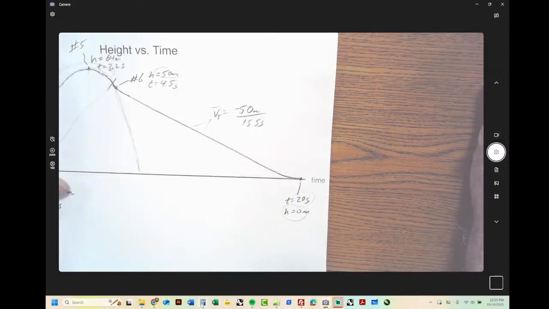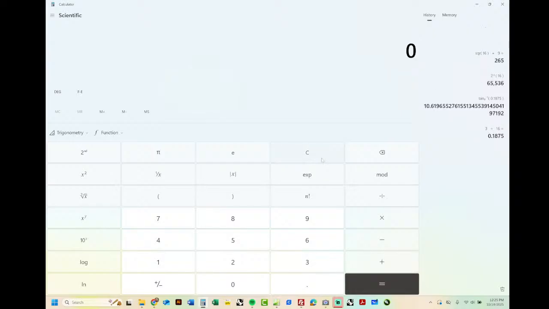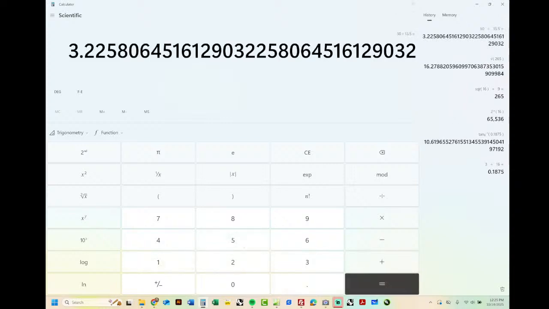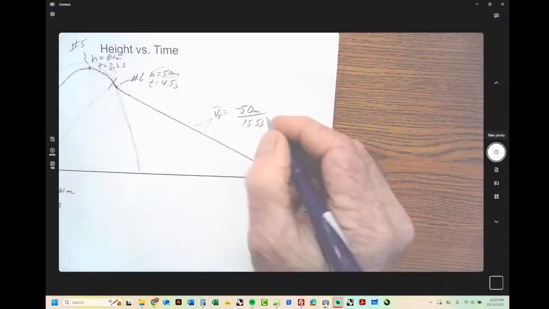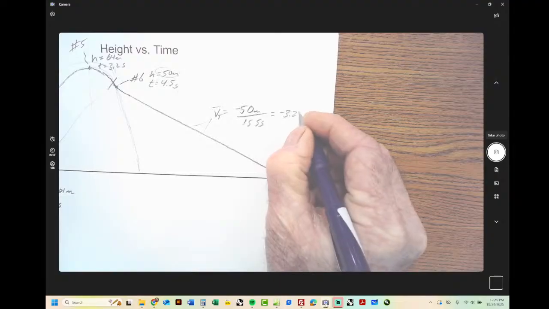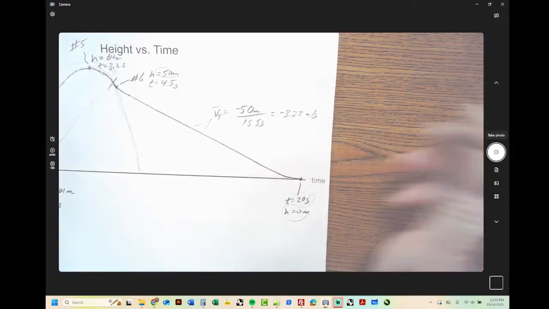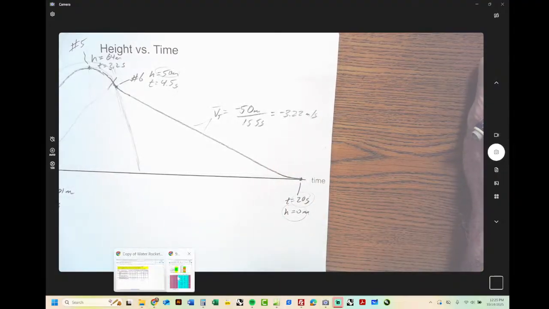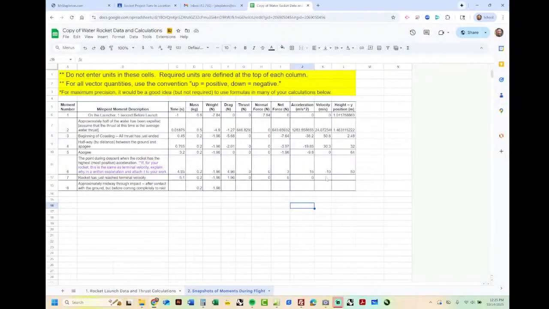And that is 50 divided by 15.5, 3.22. So it's negative 3.22 meters per second. So that is what I put in for my terminal velocity.